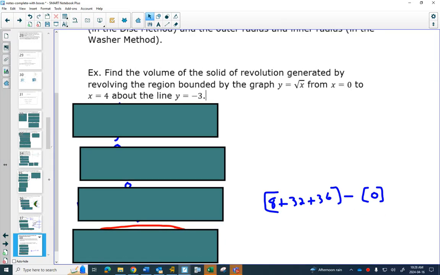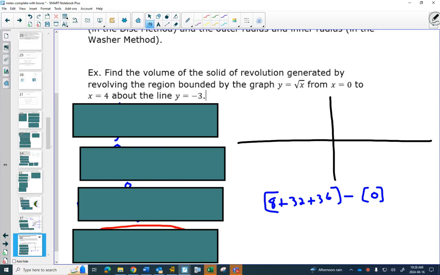Find the volume generated by the region bounded by the square root of x from 0 to 4 about the line y equals -3. Ready to draw a picture? There we go. I'm going to make that 4. Here's my square root graph. We are going to take this area, which I'm going to color in nicely in purple.